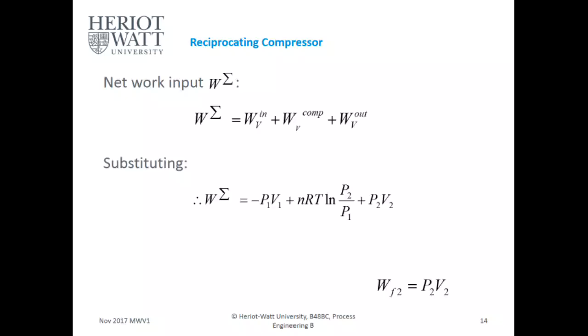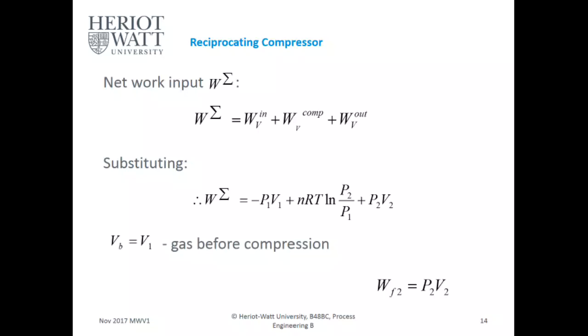If you substitute the previous equations, AB is negative P1 V1, your initial pressure and volume, plus nRT log of P2 over P1, your volume change, plus P2 V2, the exhaust.